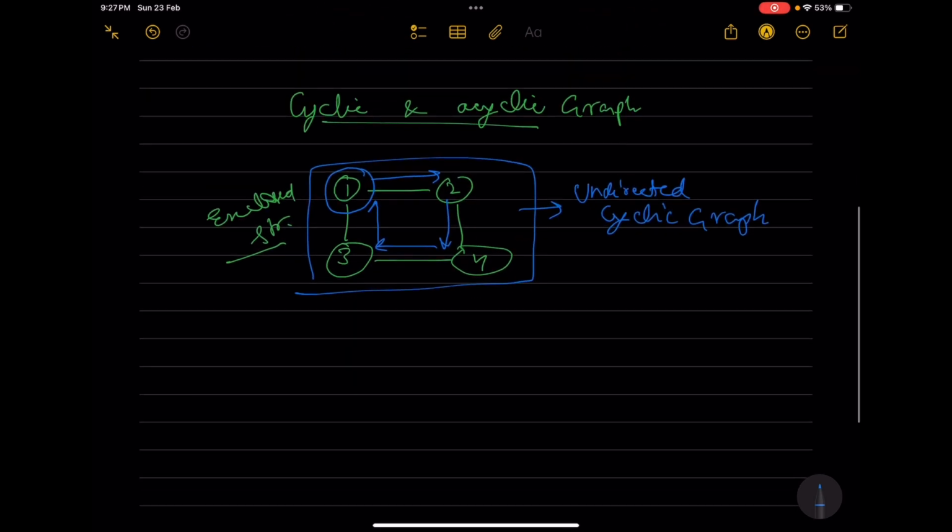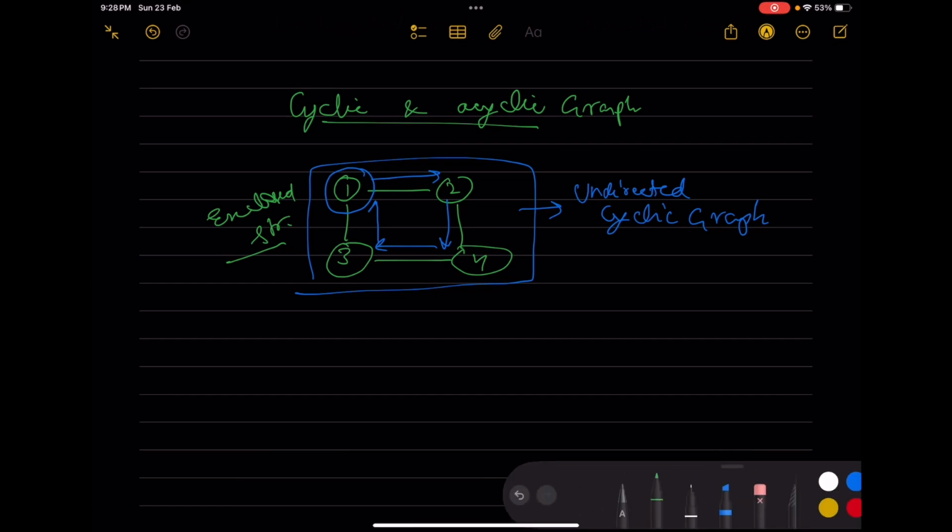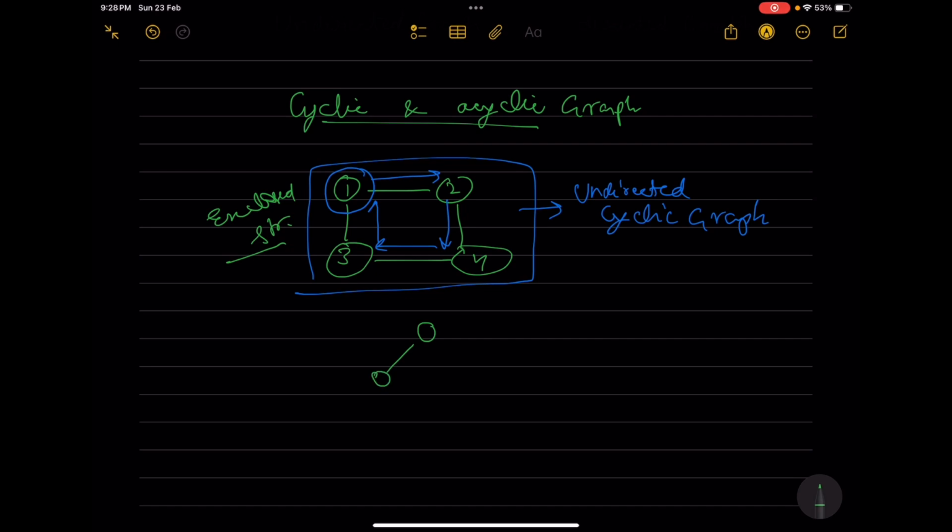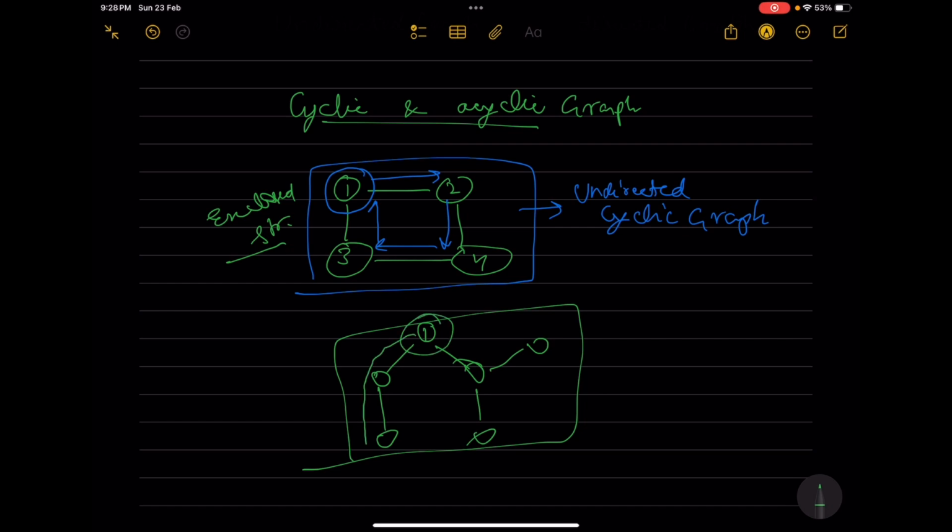There can be acyclic graphs also. Let's say the structure is not enclosed. So for the undirected graph particularly, if the structure is not enclosed, then that graph will be an acyclic graph. For example, this. Since this structure is not enclosed, let's say we start from node 1, we cannot come back to node 1 without visiting any other node again.